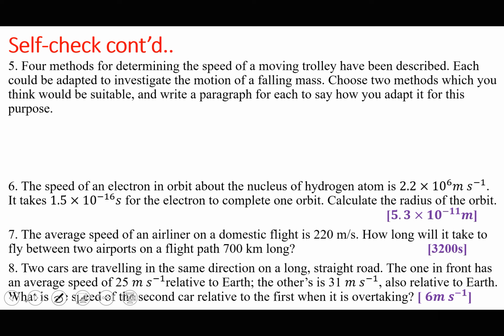We saw the single light gate, two light gates, the motion sensor, and the ticker tape timer. So each could be adopted to investigate the motion of a falling mass.